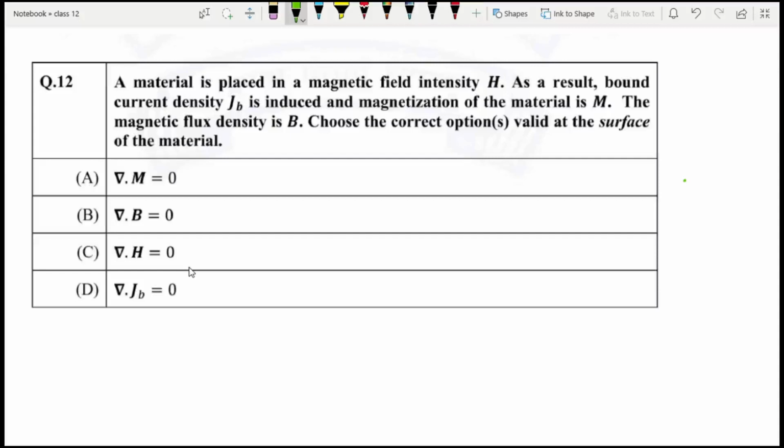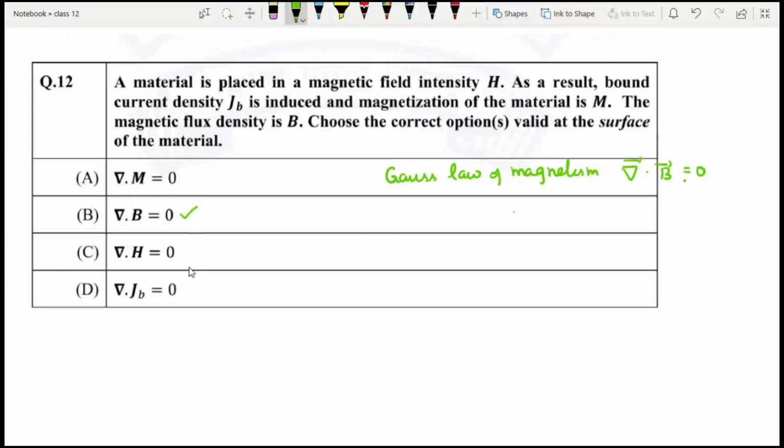So we know, according to Gauss law of magnetism, del dot B is equal to 0. So option B is a correct one.